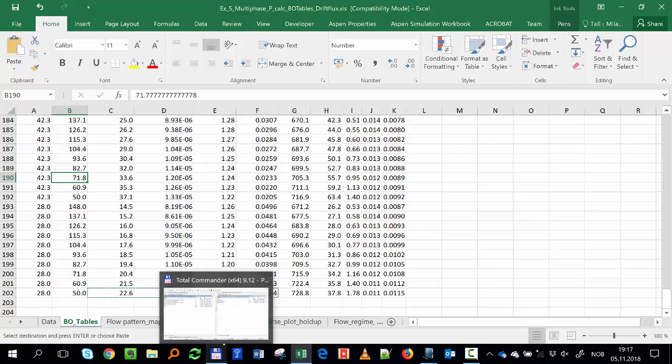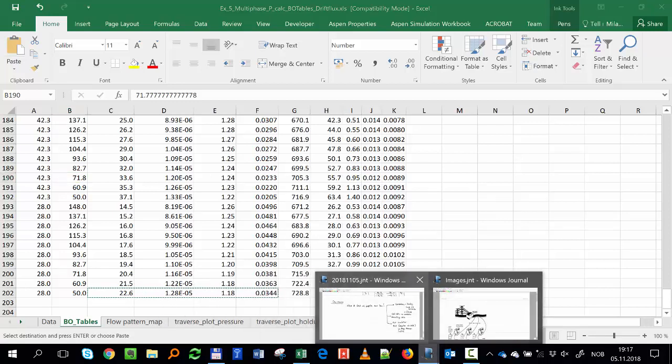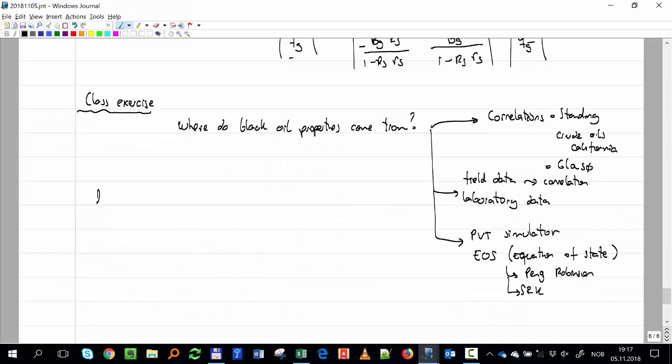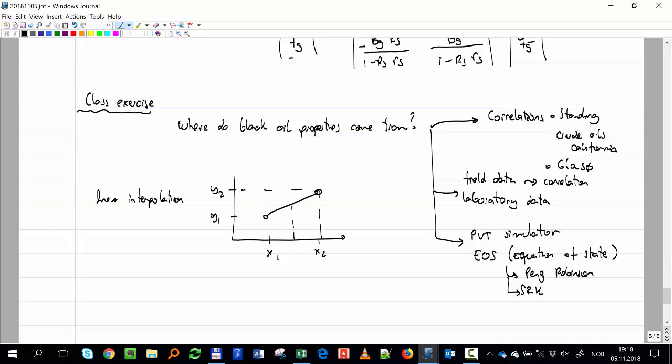Interpolation, yes. If you remember, we have linear interpolation. We have 2 points, x1 and x2, y1 and y2, and we want to find x and y.